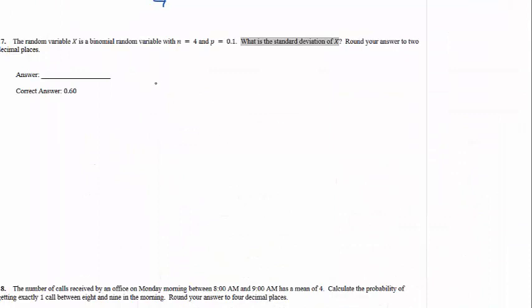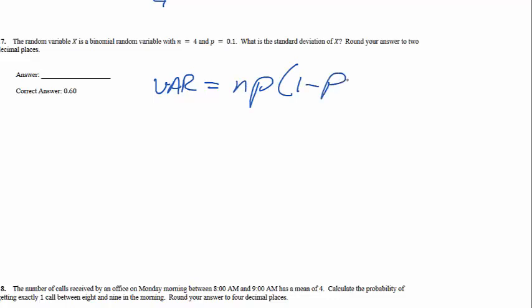So if the variance is equal to np(1 minus p), which is nothing more than the total number of trials, n, times the probability of happening, and this whole thing is the probability of not happening, then all I need to do is take the square root of the variance, because I know that's equal to the standard deviation.